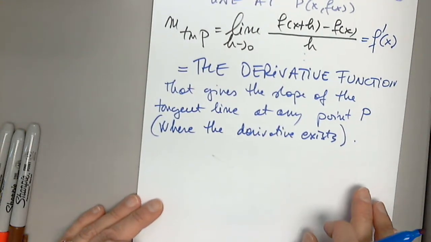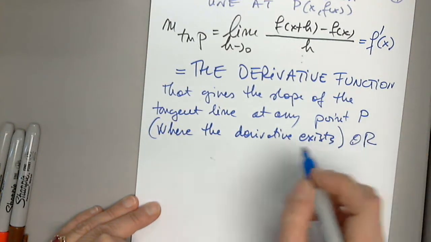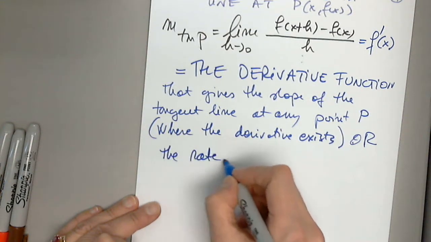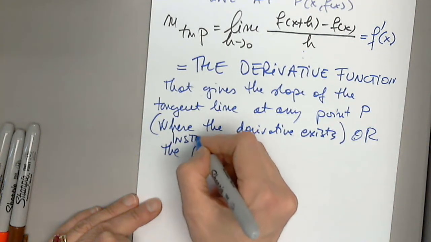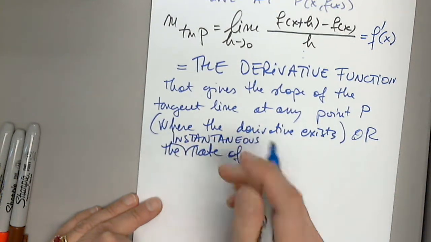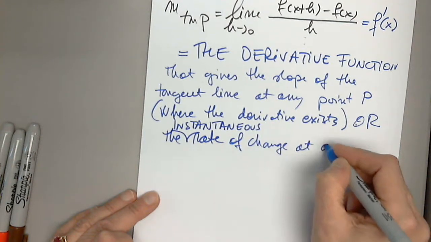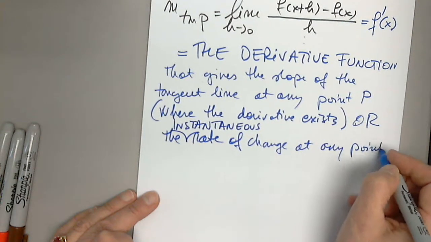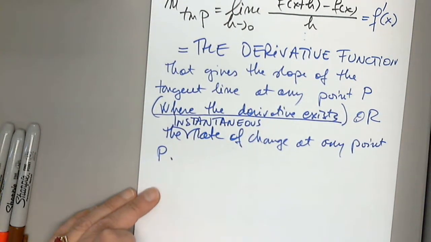What else will it give us? The rate of change. Awesome. I would say the instantaneous rate of change at any point P with the same restriction where the derivative exists.